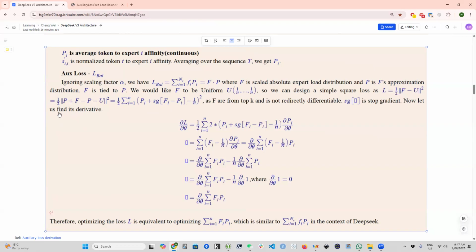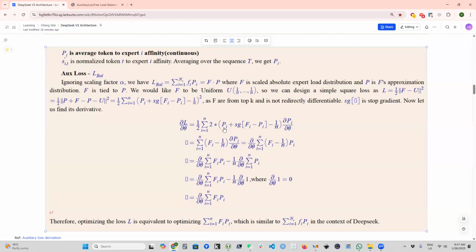Now we want to find its derivative. Okay. Then we do the derivative on this. So these two come down, and this one we keep. Then we do Pi derivative with respect to the parameter, right?